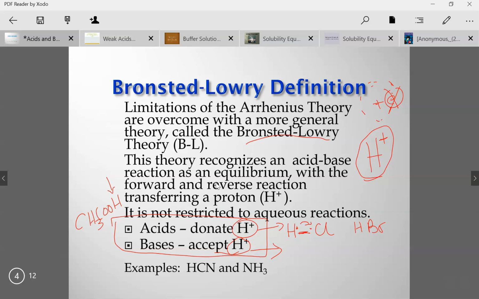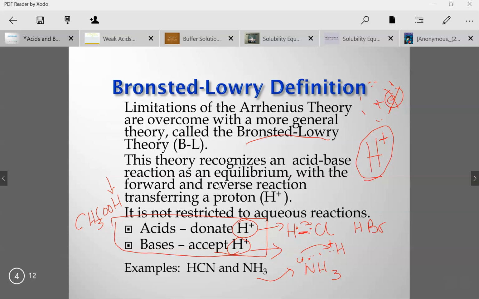So for example, ammonia, that's right here, NH3. Bases usually have a negative charge or a lone pair. The negative charge comes because of a lone pair, so in general they should have a lone pair on some atom. And when a proton is coming, one of these electrons is shared with this proton, after which a bond is formed.